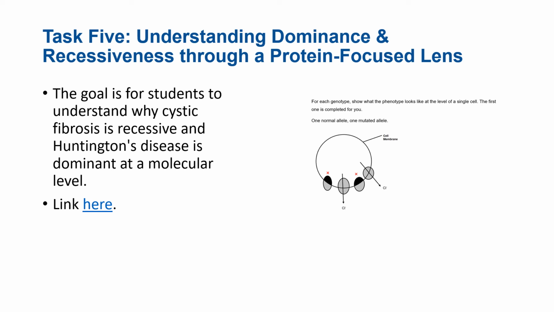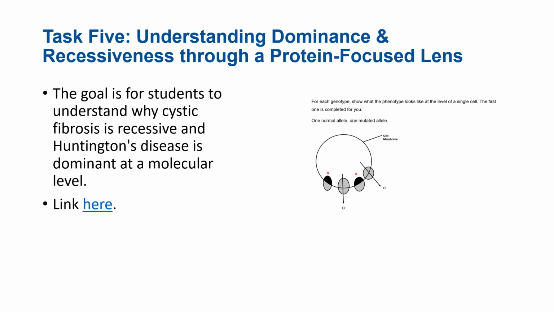Cystic fibrosis is a recessive condition and Huntington's disease is a dominant condition. And we talk to students about the fact that the dominant allele that causes Huntington's disease does so because it codes for a toxic protein which forms aggregate clumps, which can then block neurons and stop them from functioning.